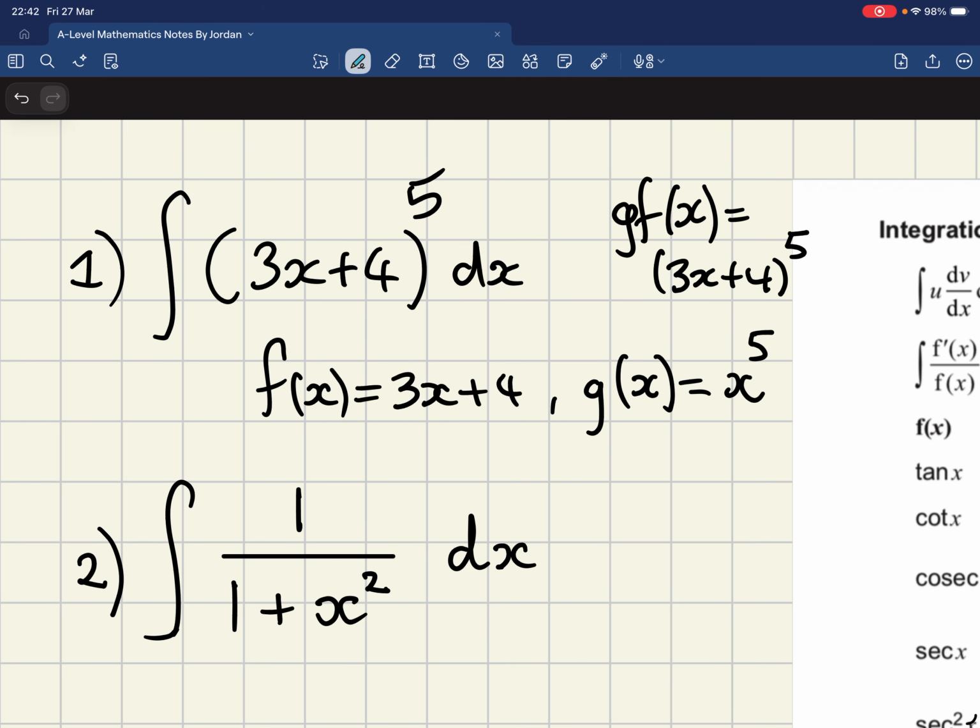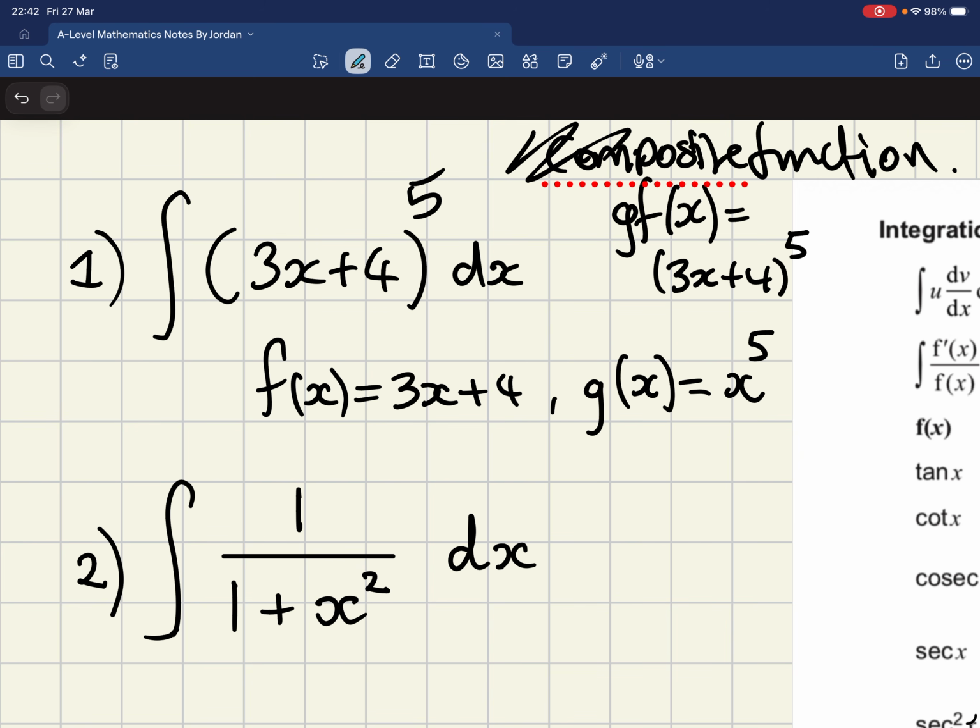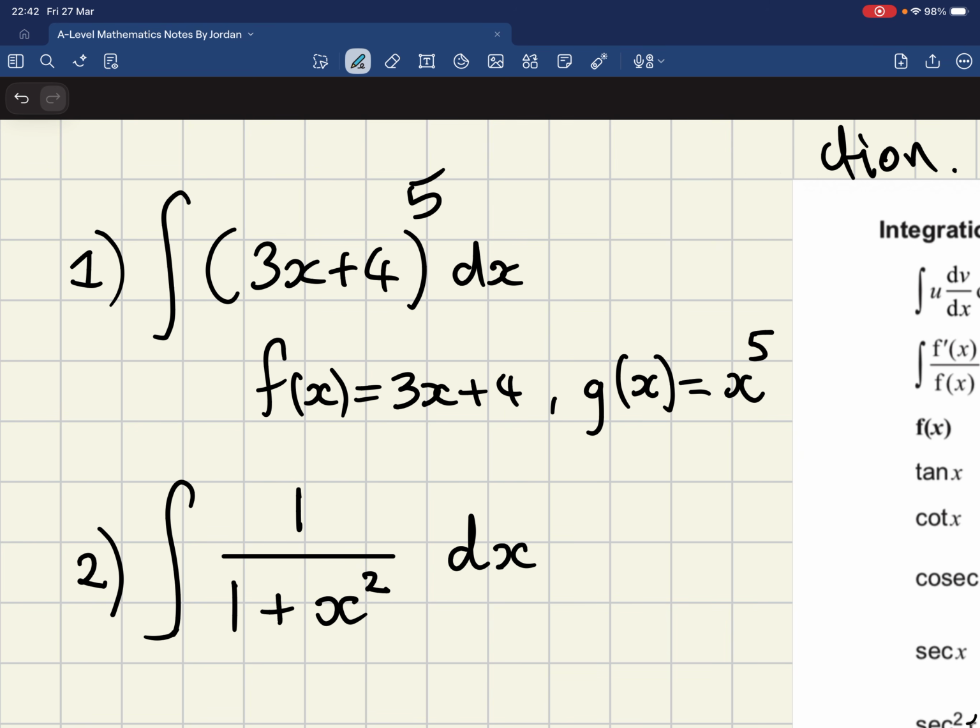So this is in fact a composite function. And if you see a composite function, we differentiate that with the chain rule, and the reverse of the chain rule is in effect by inspection. Okay.